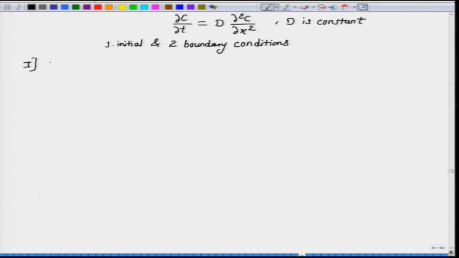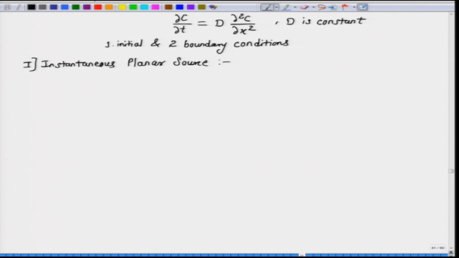So, let us start with the solution for instantaneous planar source. This is an important boundary condition that is encountered in some of the applications.